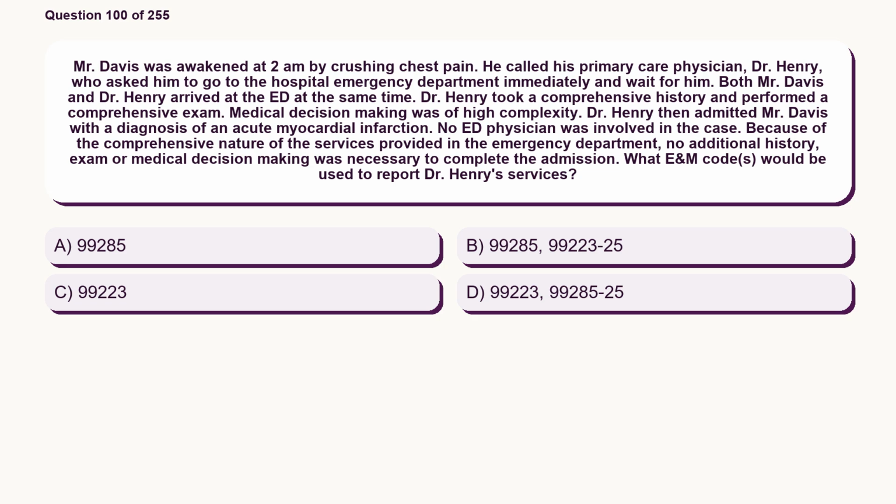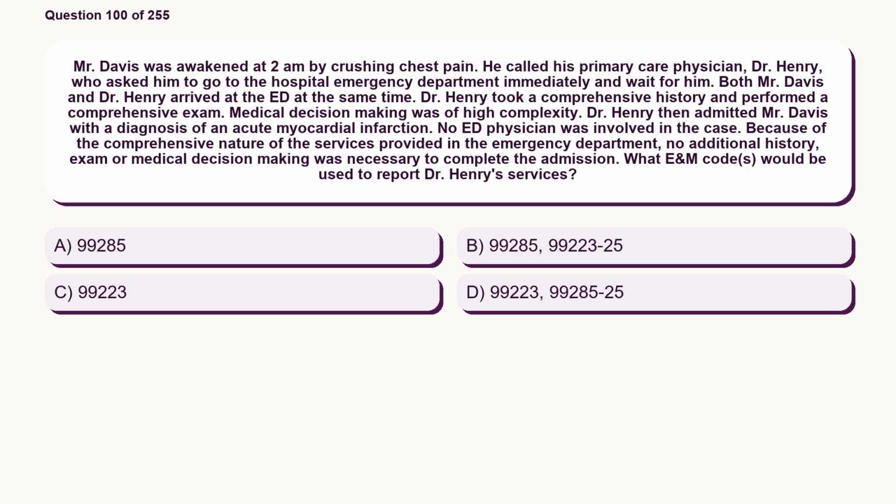Dr. Henry then admitted Mr. Davis with a diagnosis of an acute myocardial infarction. No ED physician was involved in the case. Because of the comprehensive nature of the services provided in the emergency department, no additional history, exam or medical decision-making was necessary to complete the admission. What E&M code, or codes, would be used to report Dr. Henry's services?